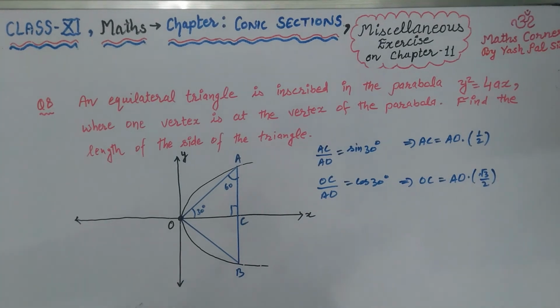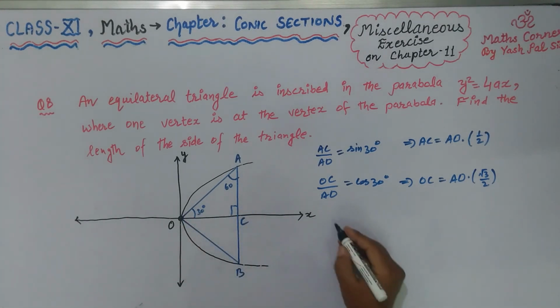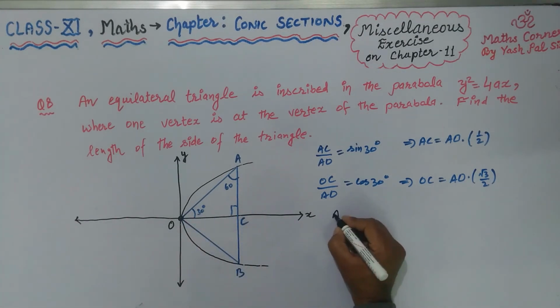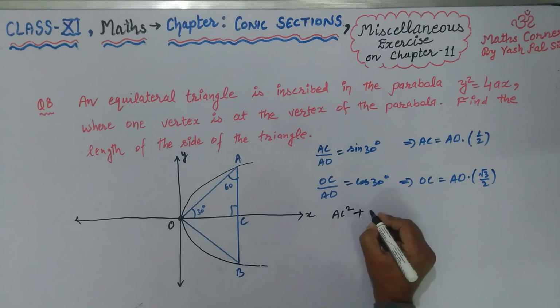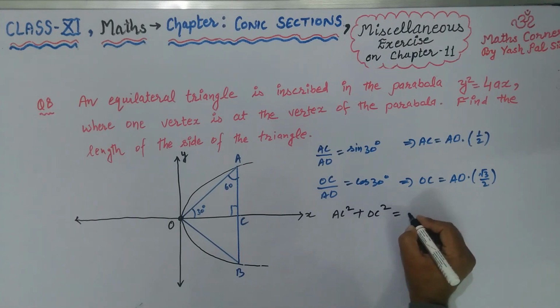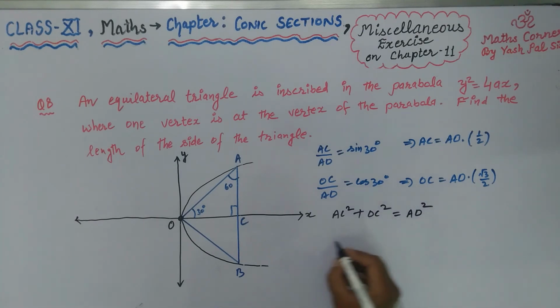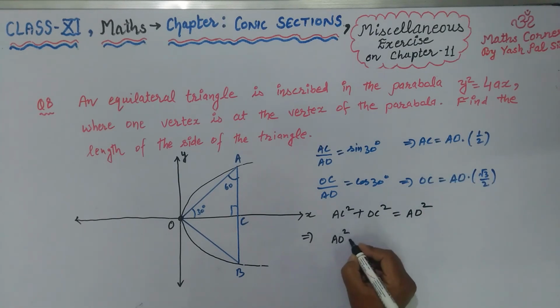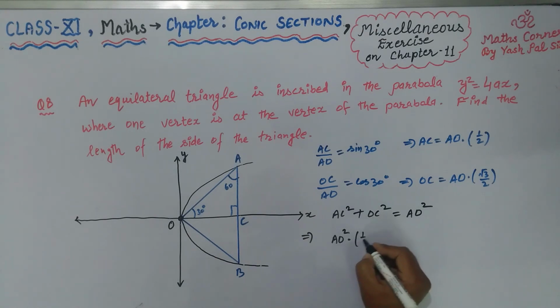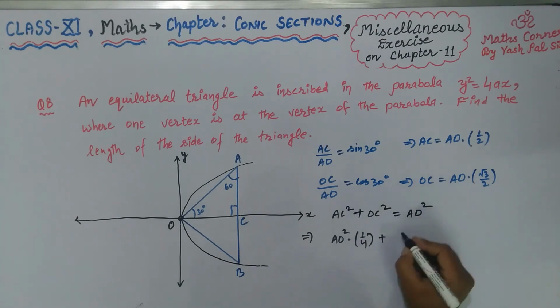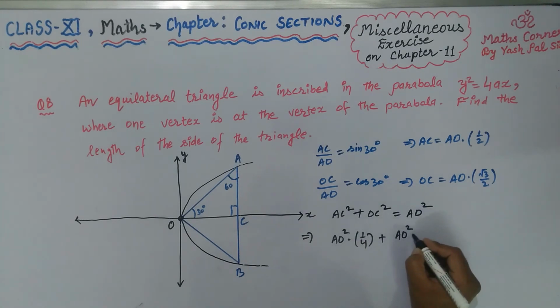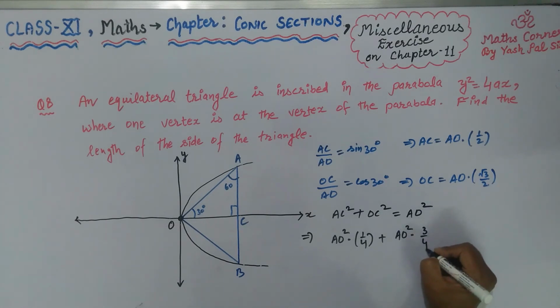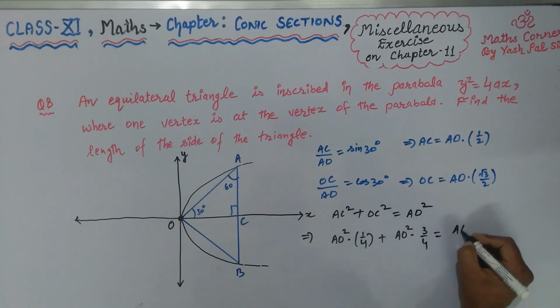Now using the Pythagoras theorem, that is AC whole square plus OC whole square is equal to AO whole square. So we have AC, that is AO whole square into 1 upon 4, plus OC, that is AO whole square into 3 upon 4, is equal to AO whole square.